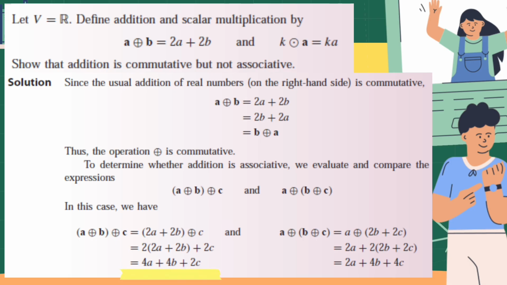And for a plus the quantity b plus c, you have 2a plus 4b plus 4c. So these are not equal in general. Since associativity fails, this set is not a vector space. This shows how delicate the axioms are. One failure disqualifies the whole structure.